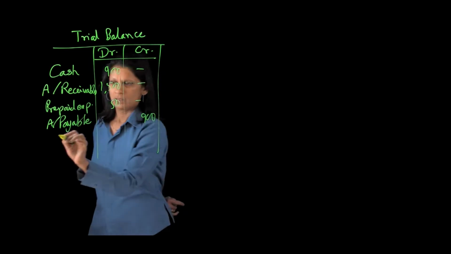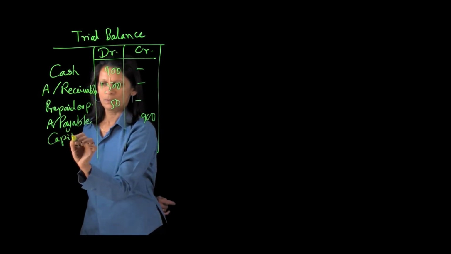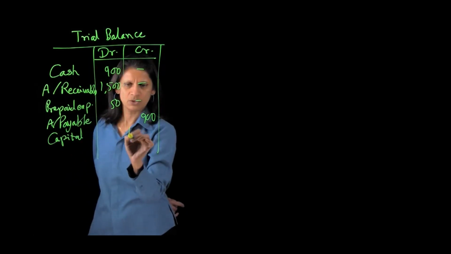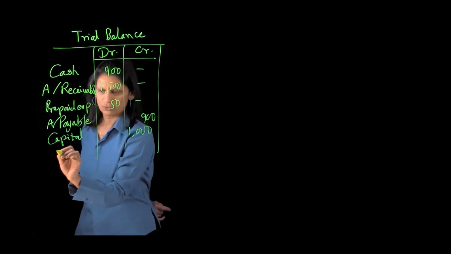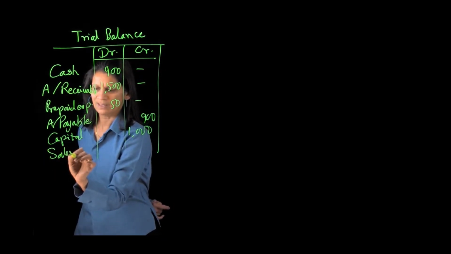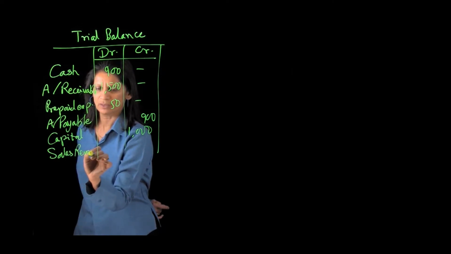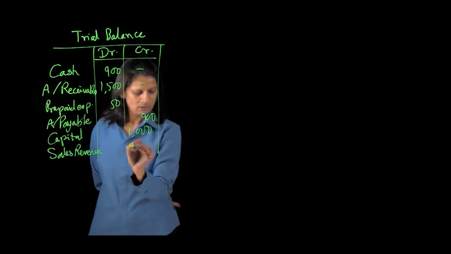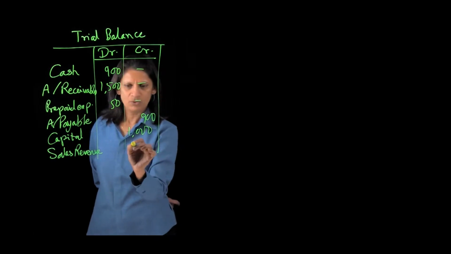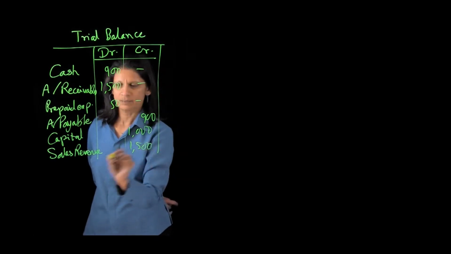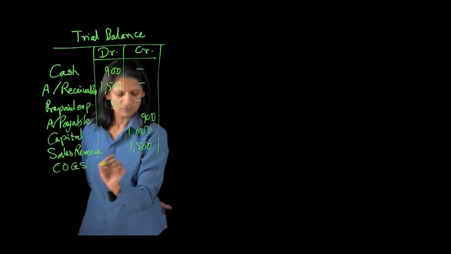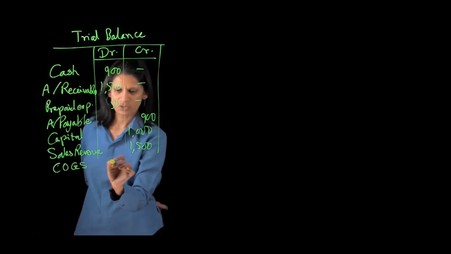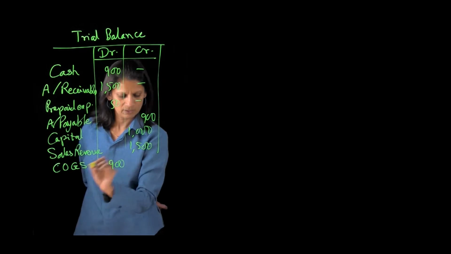$900. We had brought in capital worth $1,000 in the business, and the sales revenue that we had earned during the accounting period was $1,500, and the cost of whatever we sold, we had purchased it from our supplier at $900.